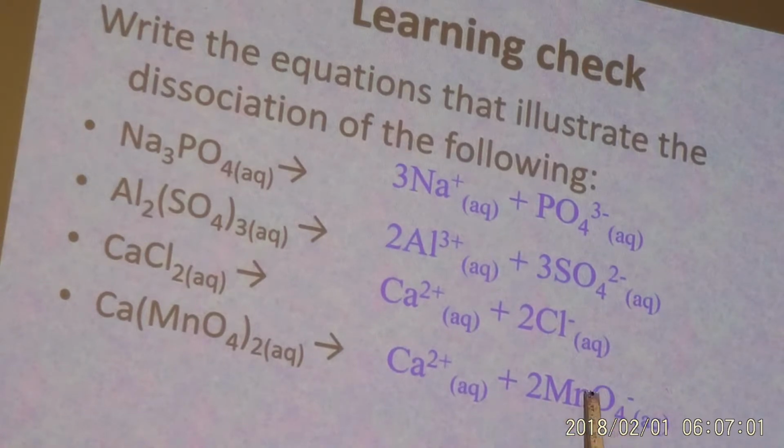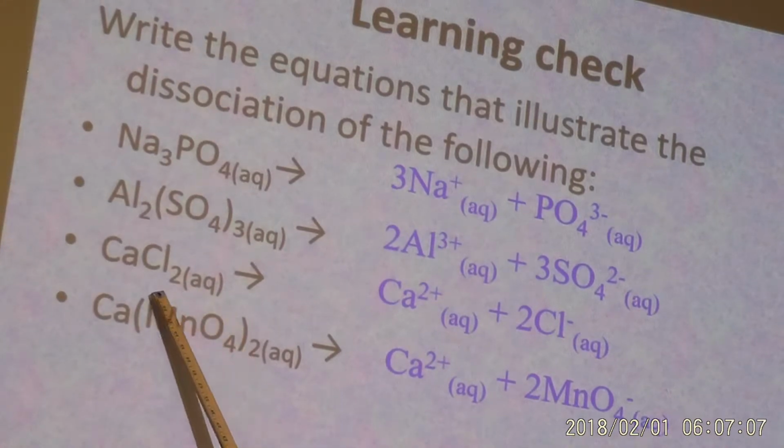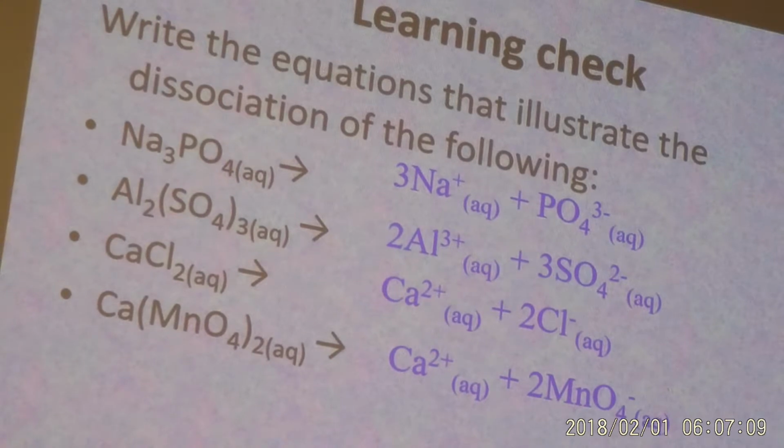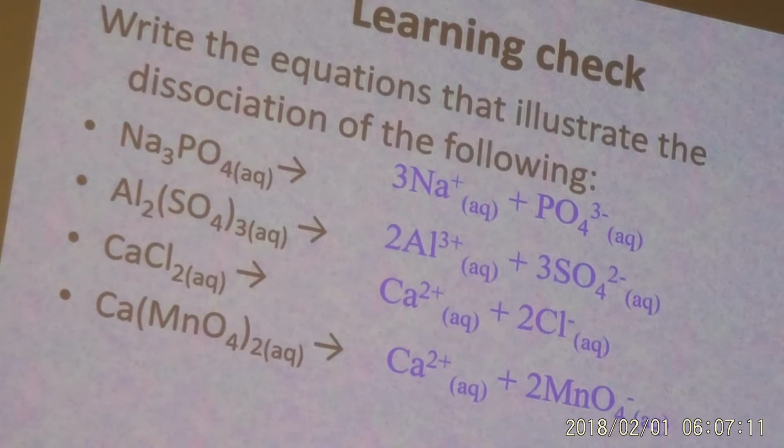This MnO4, why is it 1 minus? How do we know that MnO4 is 1 minus? That is our periodic table, sorry, the back of our periodic table, our polyatomic ion chart. Is it on there? Okay, yeah. All right, good. Okay, thank you. Where's it at? Oh, there it is. It's after the chlorate, chlorine, perchlorate.